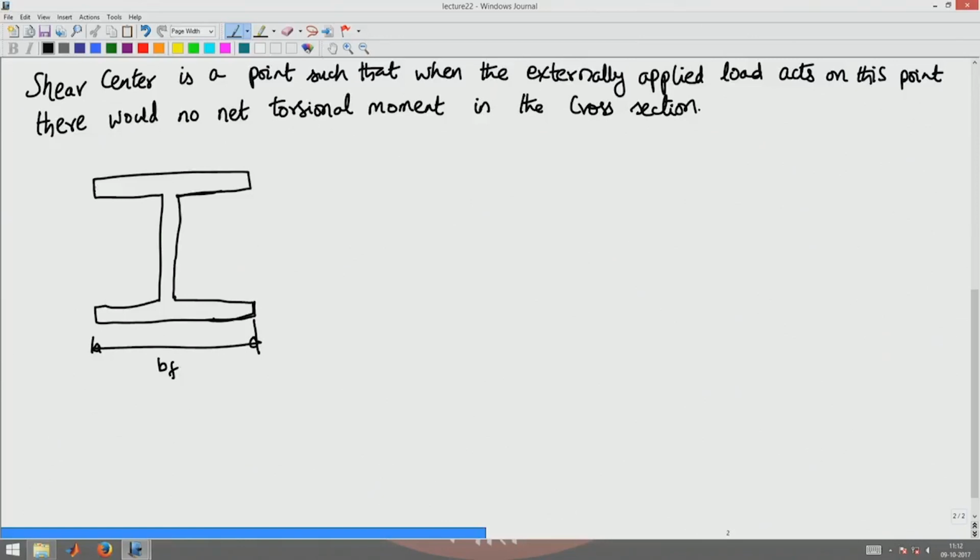Then your CG is at the center, this is Z, and this is your CG.